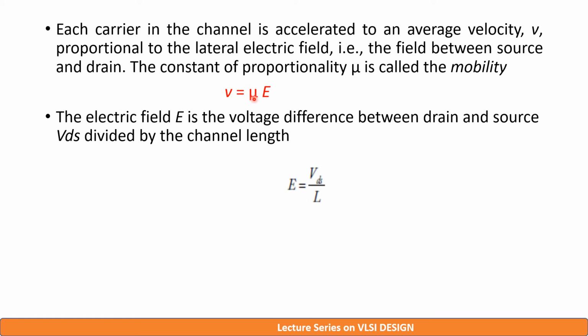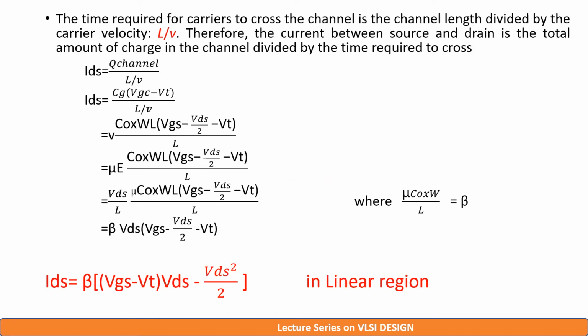Therefore, V equals mu into E, and electric field E is the voltage difference between drain and source divided by channel length, that is E equals VDS by L. So the time required for the carriers to cross the channel is channel length divided by carrier velocity.